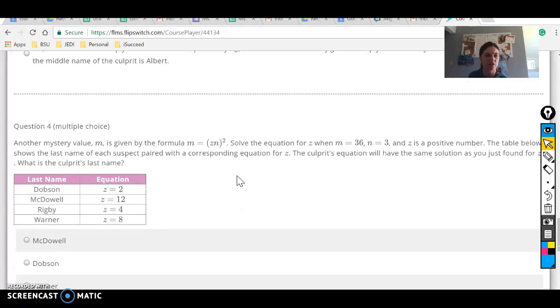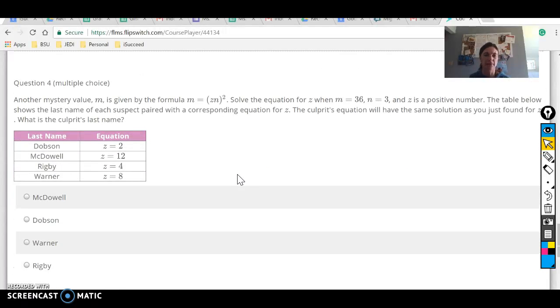Question 4, another mystery value m is given by the formula m equals the quantity zn squared. We want to solve the equation for z when m equals 36, n equals 3, and z is a positive number. So we want to rearrange this equation to solve for z.